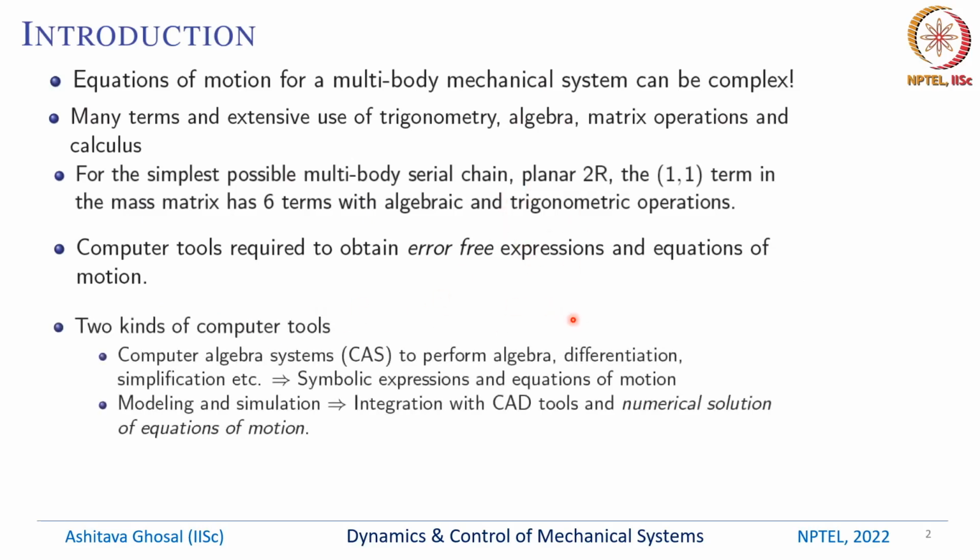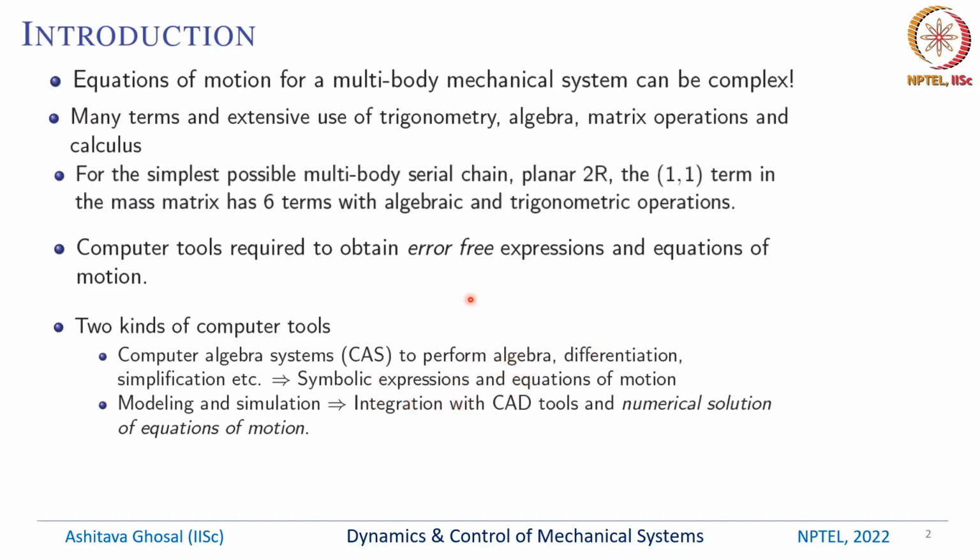There are two kinds of computer tools available. One is what is called a computer algebra system, or CAS. These systems perform algebra, differentiation, simplification, etc. on symbolic expressions. We will not give numbers; we will give symbolic expressions as text, and then these computer algebra systems can do addition, multiplication, and differentiation of the symbolic expressions.